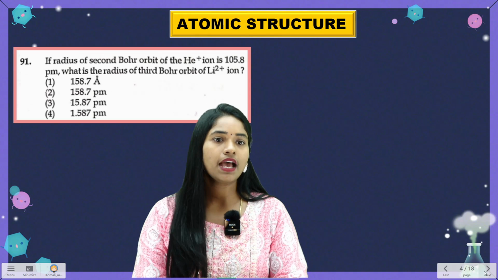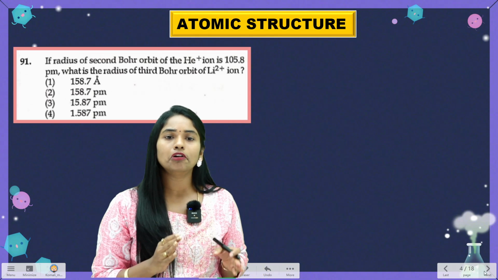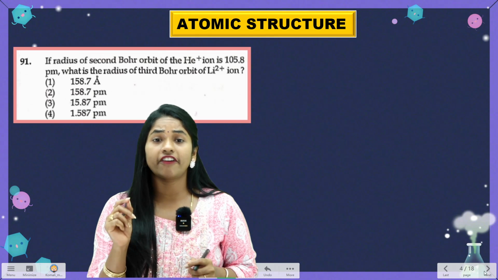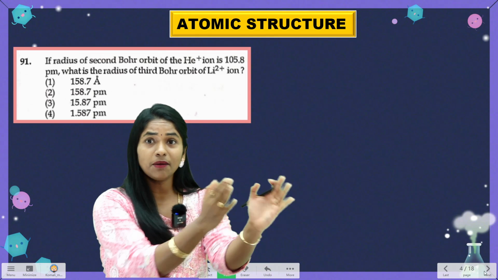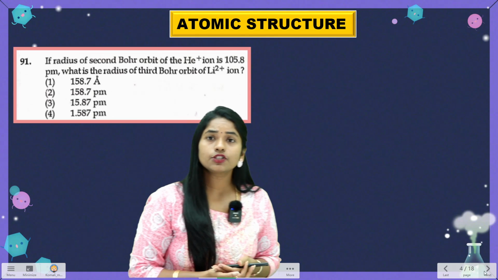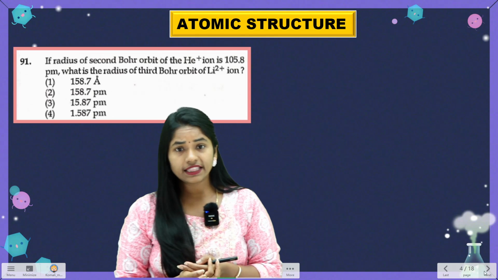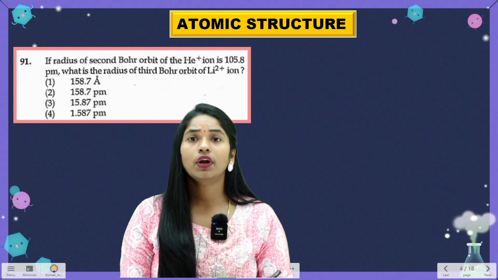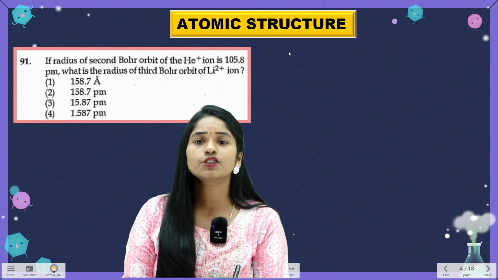Physical chemistry. If the radius of the second Bohr orbit of helium ion is 105.8 picometer, they are asking what is the radius of the third orbit of lithium ion. So what is the formula to calculate the radius of an orbit?